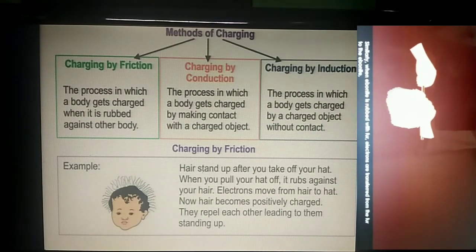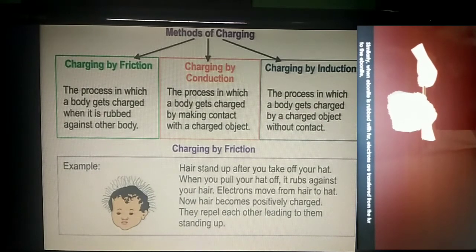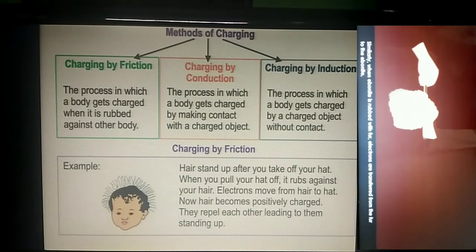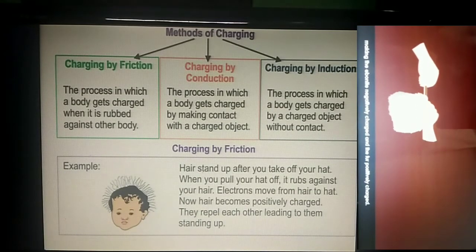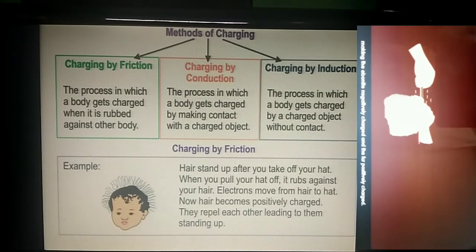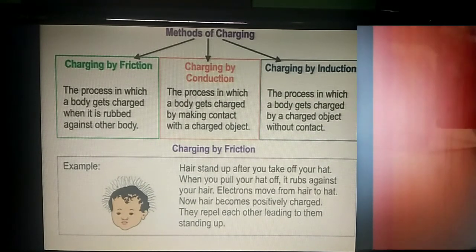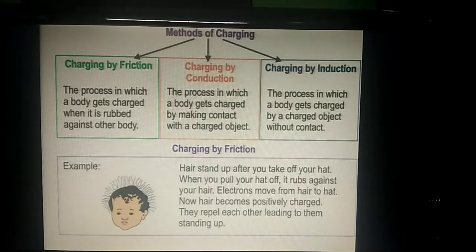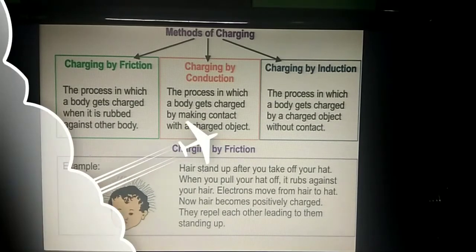Electrons move from our hair to the hat. The hair becomes positively charged because of the deficiency of electrons. The hat gains those electrons, has an excess of electrons, and becomes negatively charged, so they attract each other, leading to the standing of the hair. So this is charging by friction.